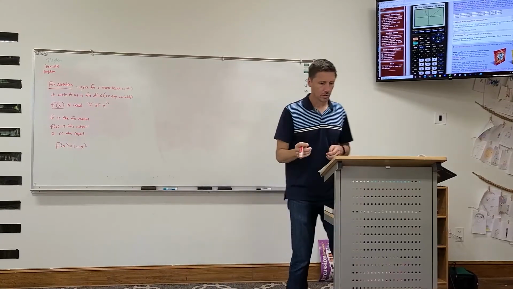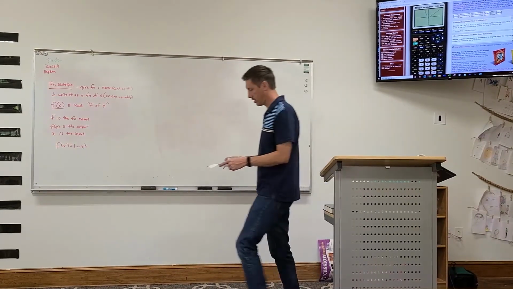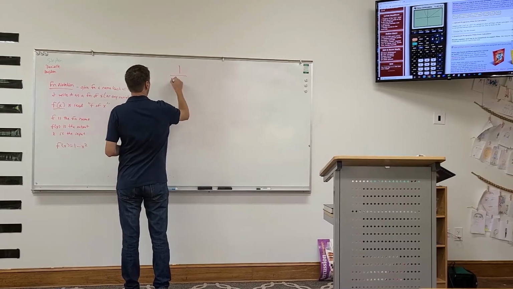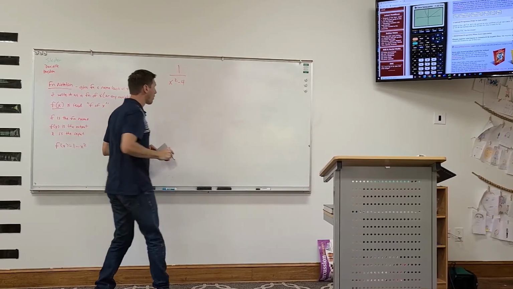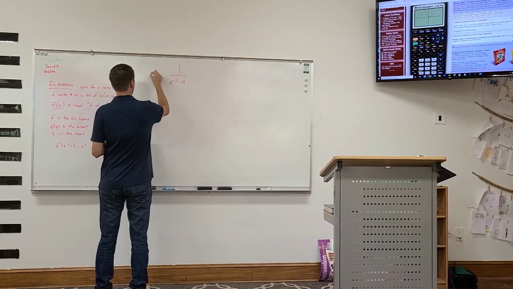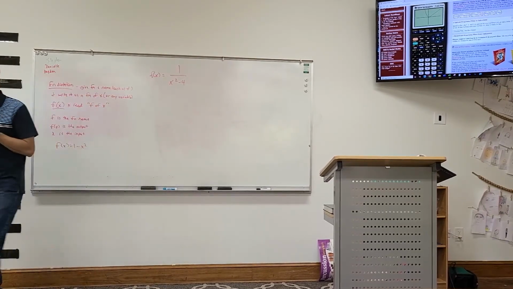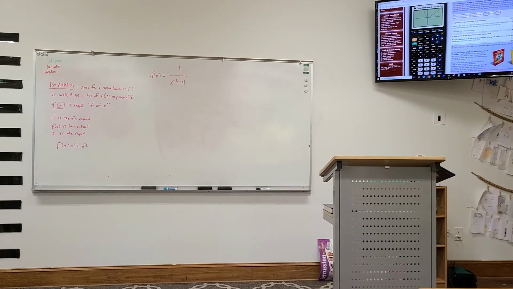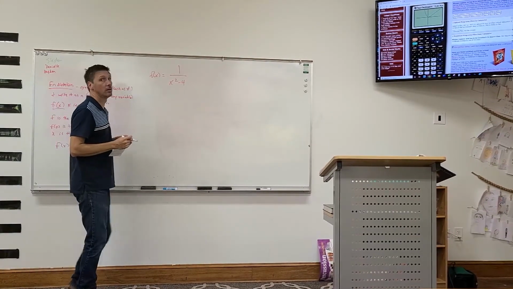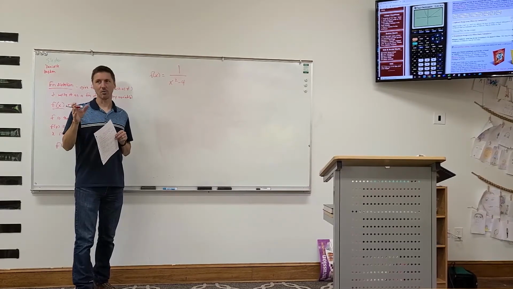Suppose you have a function like this: f of x equals 1 over x squared minus 4. Are there any x values that are not going to be allowed? Try it one more time, you're almost there.